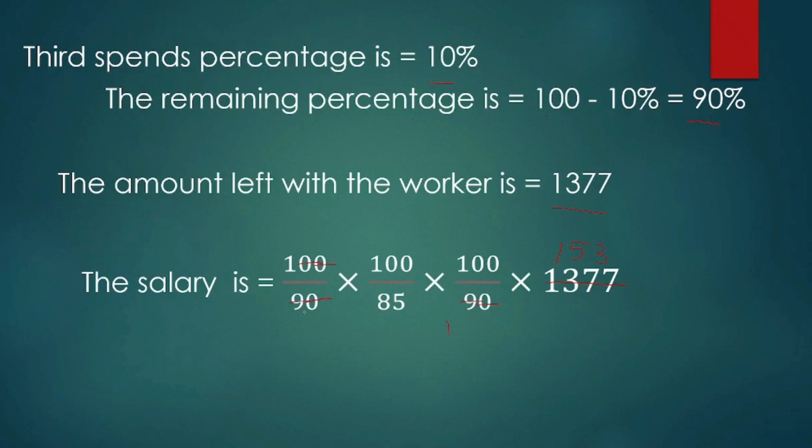So then again 9 ones are 9 and 63 is there. 9 17s are... 17 ones are 17, 17 fives are 85. 5 ones are 5, 5 twos are 10, 0. 20 into 100 is 2,000. So this is his income or salary.